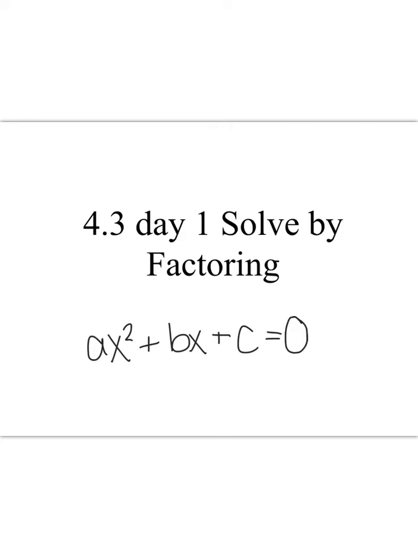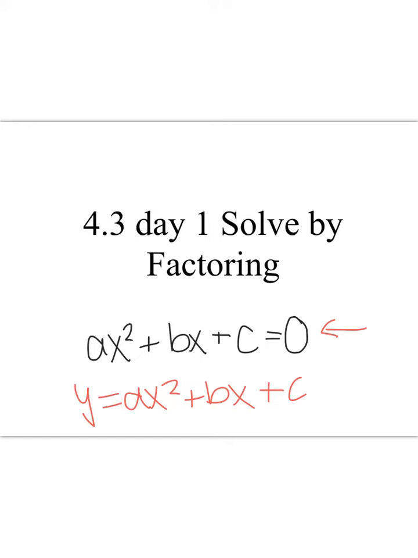Remember our standard form was y equals ax squared plus bx plus c. As you can see in this black part, I have a 0 there instead of a y. So what happens when I plug in 0 for y? What is that going to give me on my parabola?